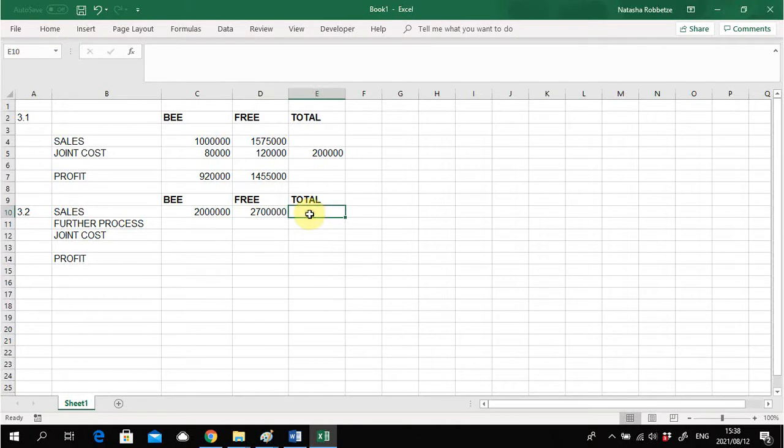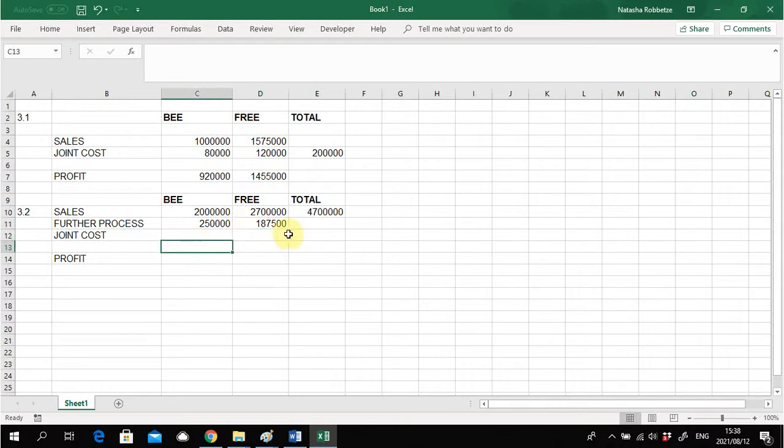I'm going to get to my total sales value because the sales value, as per the required, needs to be the weighing fraction by which the joint cost is divided. Then for the further processing costs, it was 25 Rand and 12 Rand 50, so it's going to be 25 Rand times 10,000 units and 12 Rand 50 times 15,000 units.